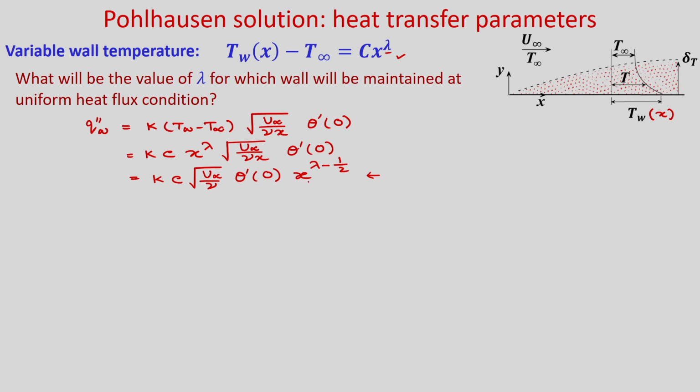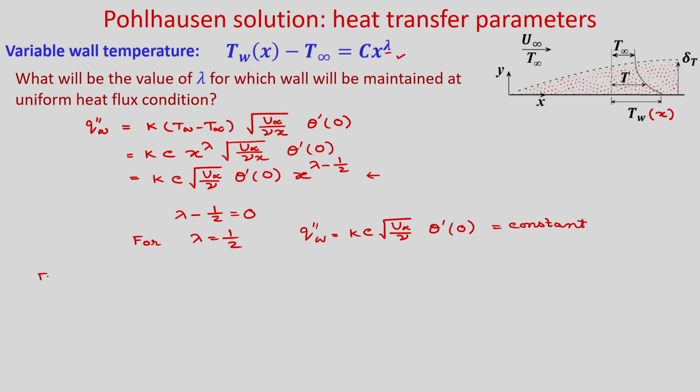But it varies with x to the power lambda minus half. So this term should be 1, then only it will be independent of x. That happens when lambda minus half is 0, so x to the power 0 is 1. So lambda is equal to half. For lambda equal to half, q double prime w will be k c root u infinity by nu theta prime 0, which is constant.